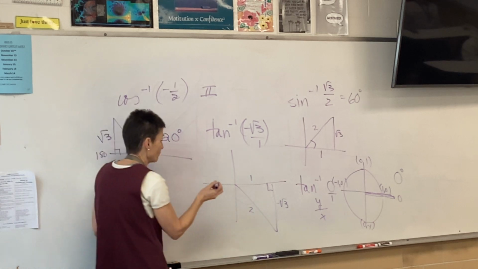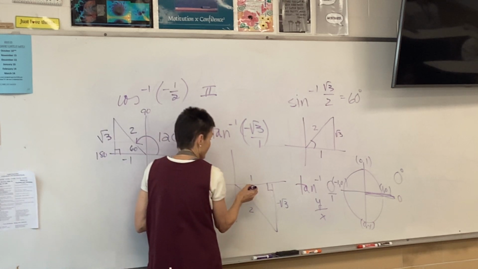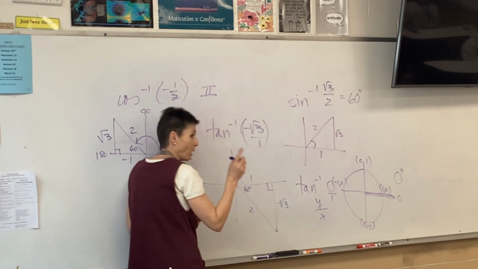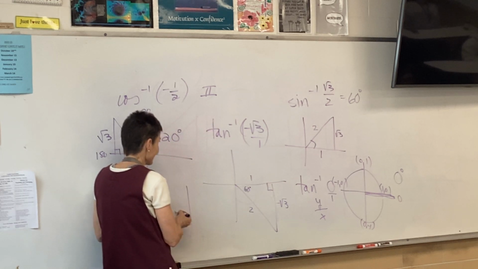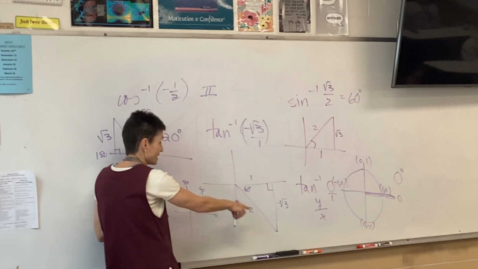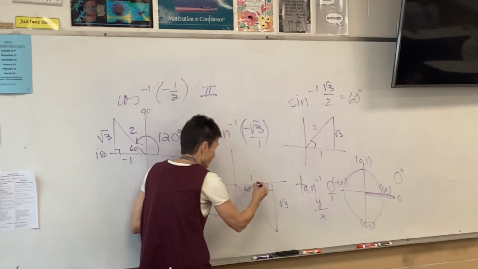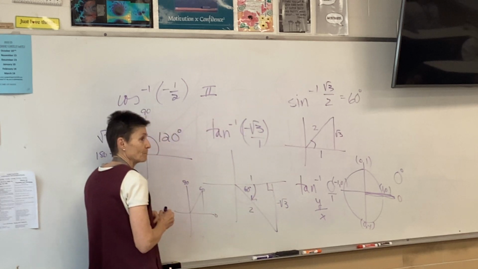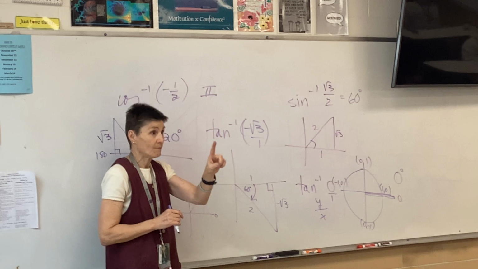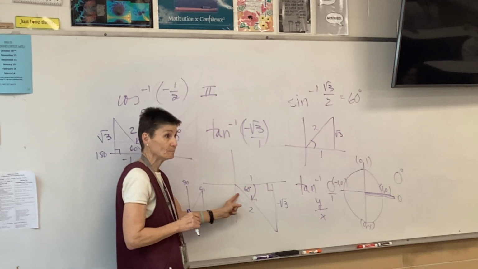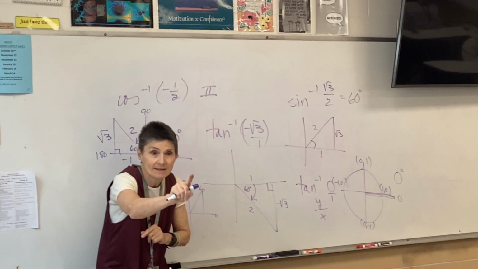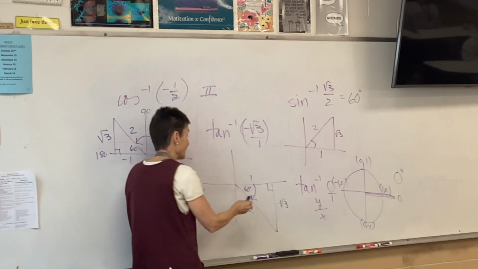How big's this angle right here? 60. It's another 60. Watch it though, 60 is up here between 0 and 90. That is not where this is. This is down here. How big's that angle right there? 300. Well, somebody could say 300 if you went all the way around this way, or negative 60, but we always want the smallest one, so we're gonna say negative 60.